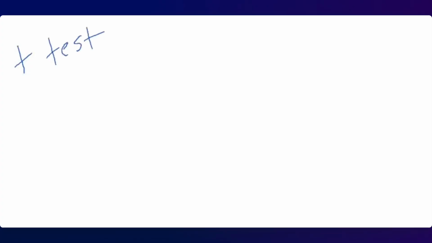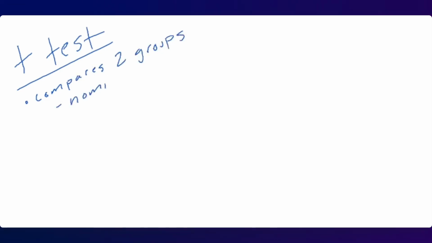All right, the t-test. A t-test compares two groups. And by groups, we mean nominal and categorical data. So this would be our independent variable.